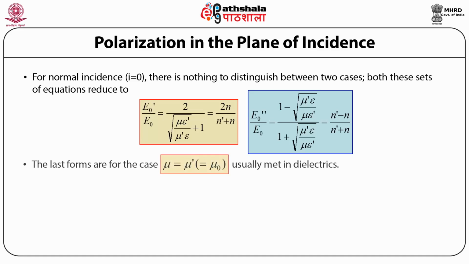Here the last forms are for the case where mu prime is equal to mu naught, which is usually encountered in the case of dielectrics.